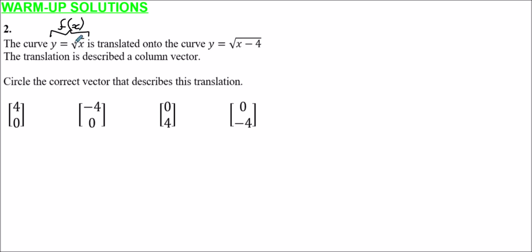So the input, x, just is square rooted. Here, the input isn't x, it's changed from being an input of x to an input of x minus 4. So before, only x was being square rooted. Now, for this one, x minus 4 is being square rooted. So what sort of translation would take f of x and transform it into f of x minus 4?